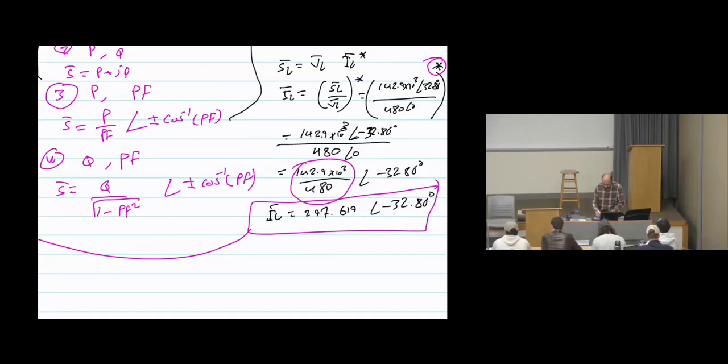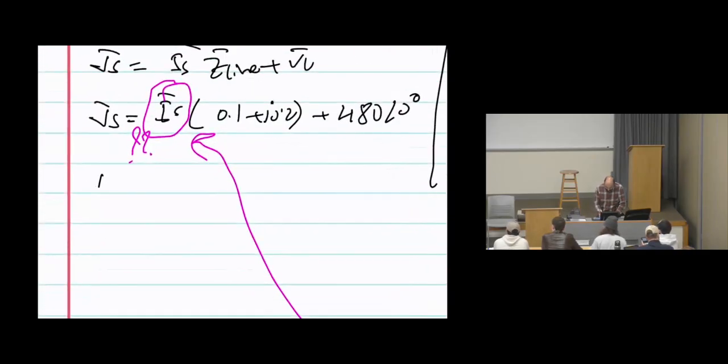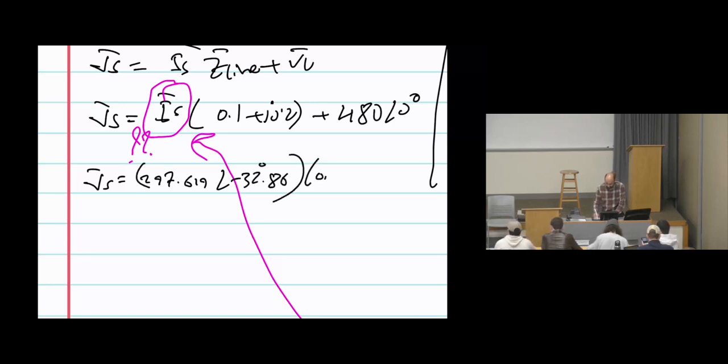Okay. Now, let's substitute this here. Then V source will be I source, which is 297.619, angle negative 32.86 degrees, times 0.1 plus 0.2 plus 480, angle 0 degrees.